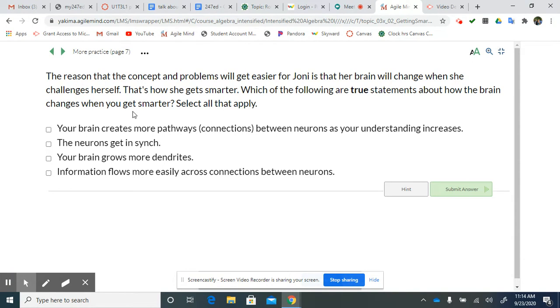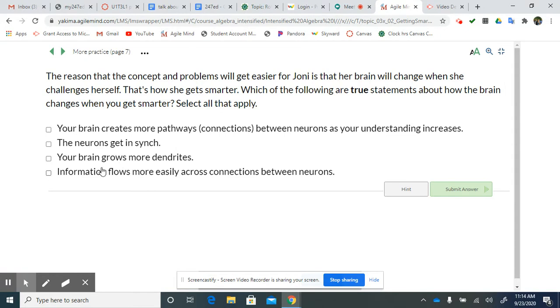Which of the following are true statements about how the brain changes when you get smarter? Select all that apply. Your brain creates more pathways or connections between neurons as your understanding increases. What do you think? Your neurons get in sync, meaning they easily talk to each other.